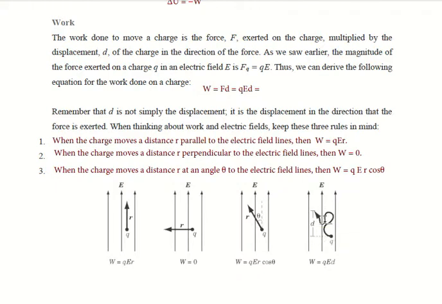We look at the overall displacement, don't care at all about the path. So you can see from here that it has moved a vertical distance d. This d represents, from where it started, only the vertical distance up to where it finished. So work there would be Q times E times d.